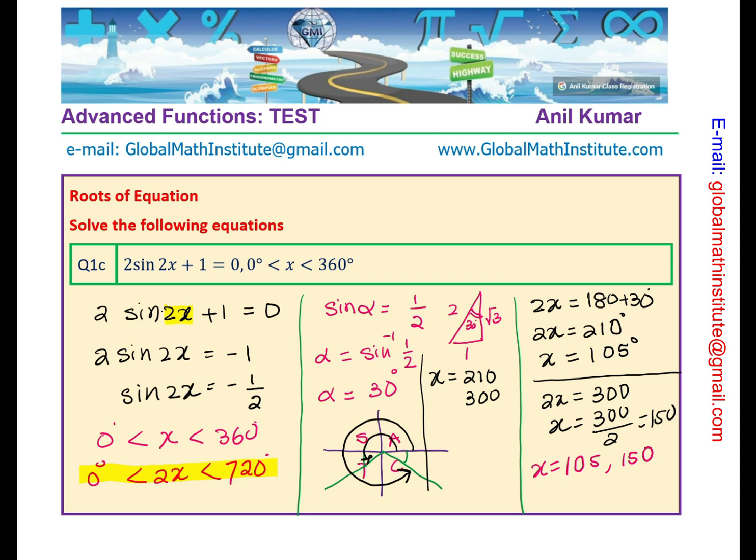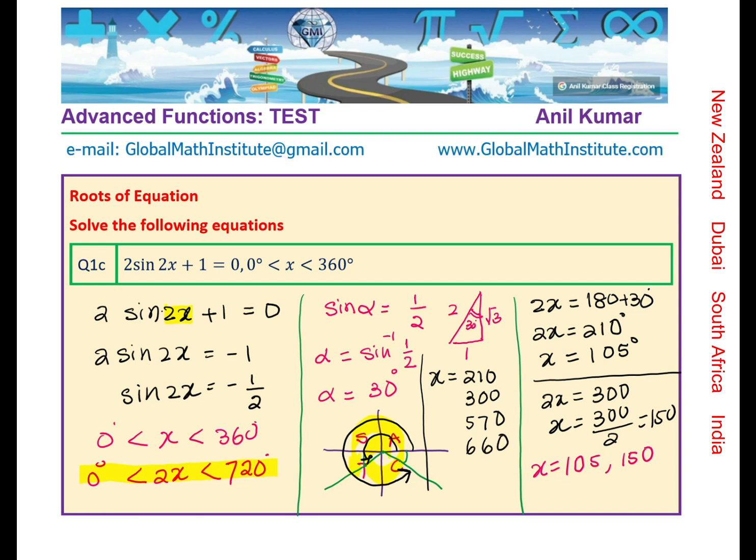And then remember, you have to go one more circle. And then when you go full circle back to this position, you're adding 360 to these values, right? So 360 added to these values will give you 570, and 360 to 300 will give you 660. And therefore, you get two more answers.